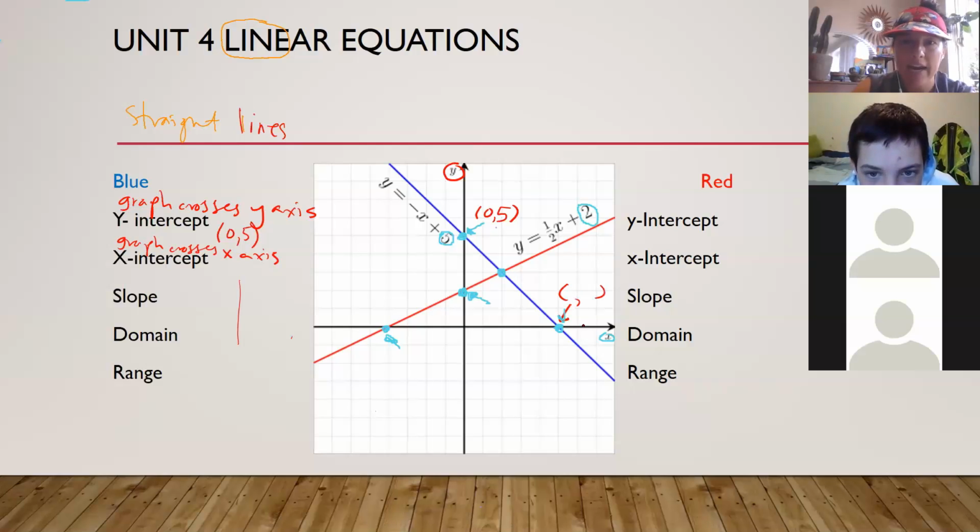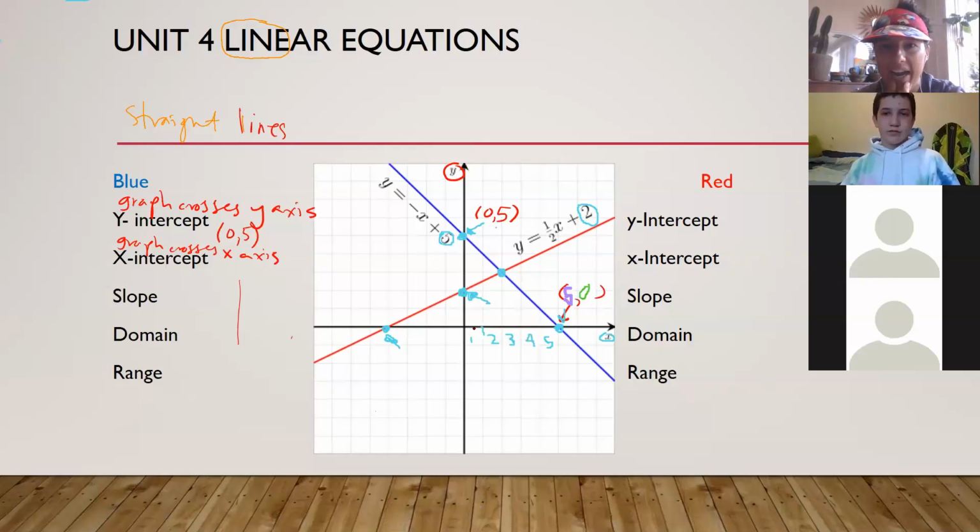Write it as a coordinate pair, x, y. Nice. 1, 2, 3, 4. Good. Also 5. Okay. So 5, 0. Nice job, Malachi, Katie, and Kaden. All of you guys work together on that one.